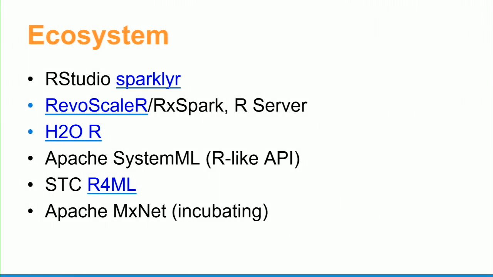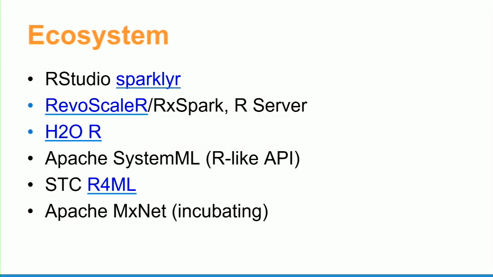So that's wrapping up the R aspect of it. There are several different alternatives you might have already heard of. There's sparklyr from RStudio. XGBoost has deep learning packages that work with Spark, as well as the R binding. SystemML has an R-like API, but it's not quite what the next line is going to be.